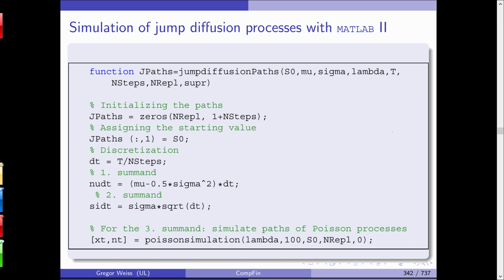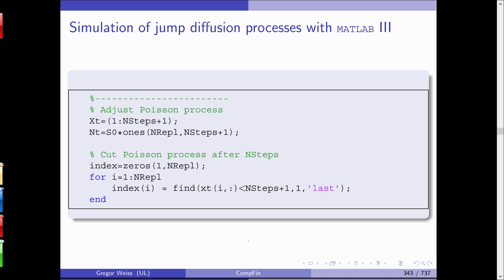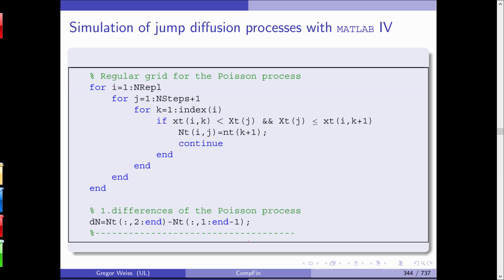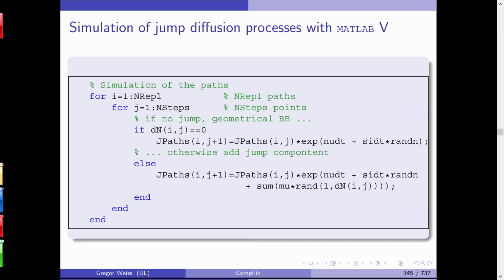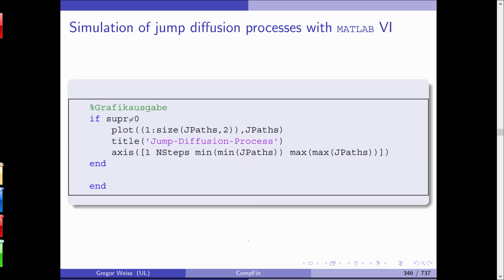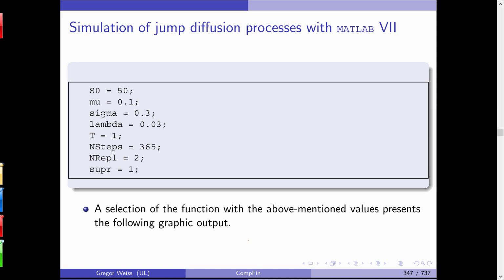You're using the function we've defined earlier, and then you have to adjust it. You have to cut the Poisson process after n steps, and then you need to put them on the grid and calculate those changes in the jump diffusion process, simulate it, and print it on the screen.